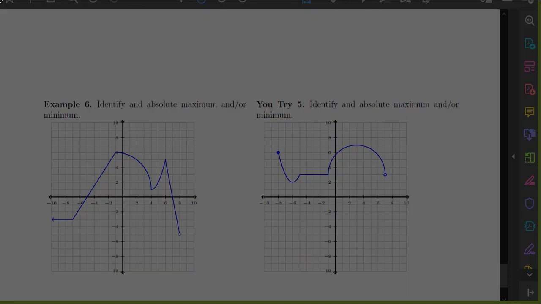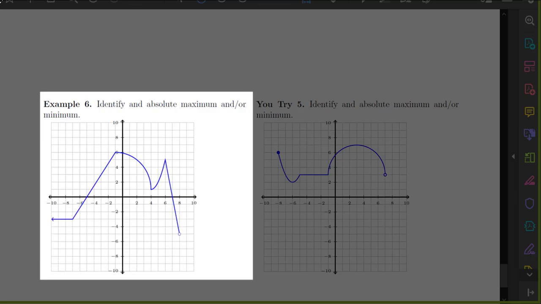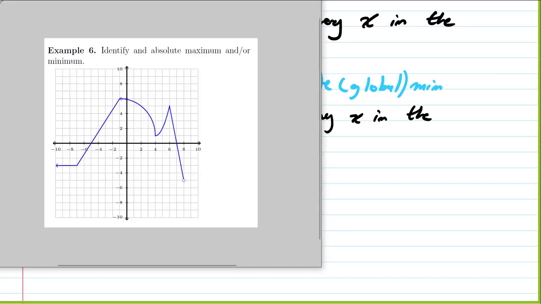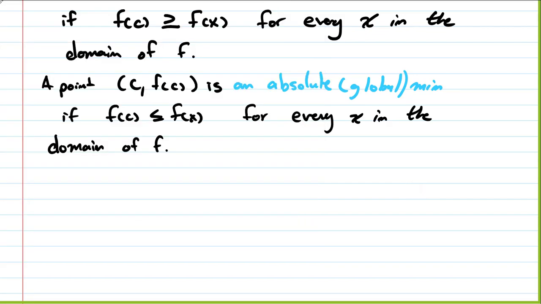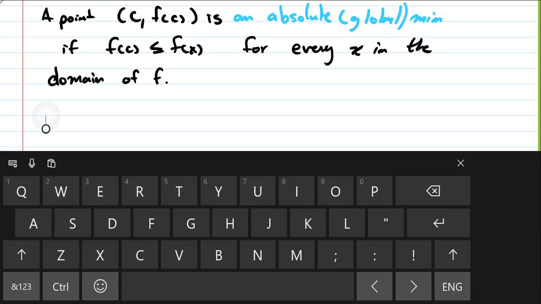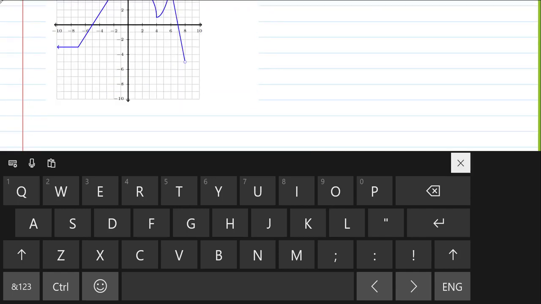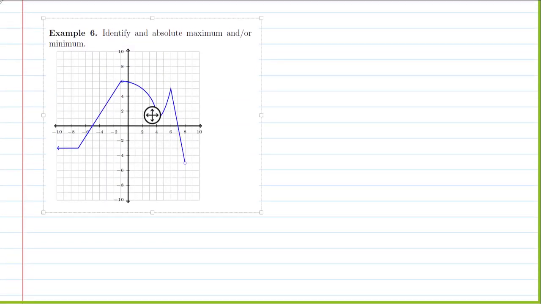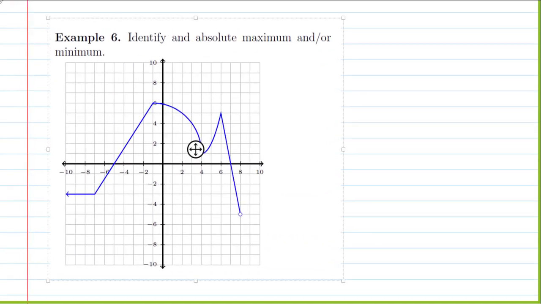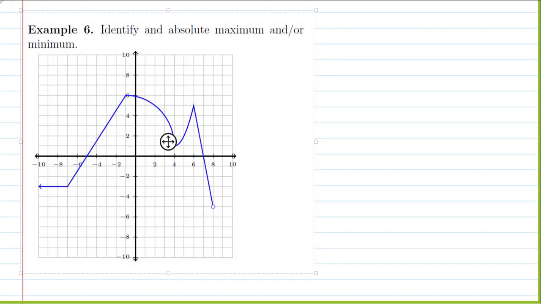All right, so let's take a look at example number 6. So identify the absolute max and or absolute min of this function.